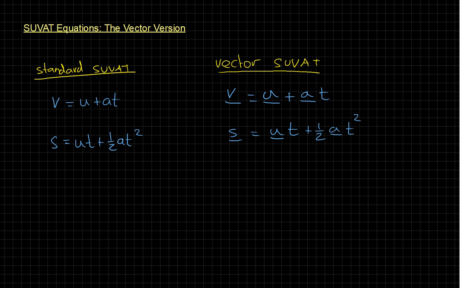Now, like I said, there is a bit of funniness with the names of the quantities. For whatever reason, when we go over to vectors, instead of calling it s, we call it r, which I mentioned before is sort of your position or your distance. Again, who knows why?